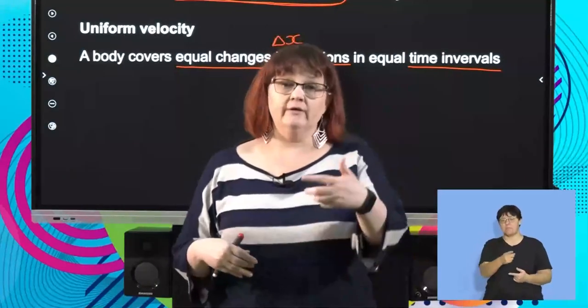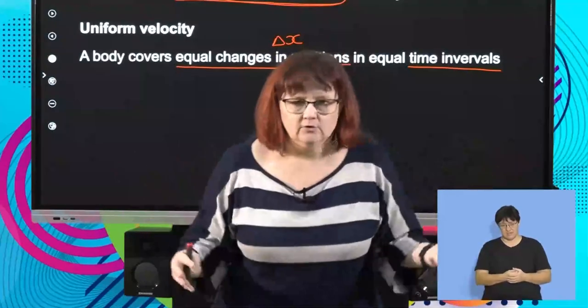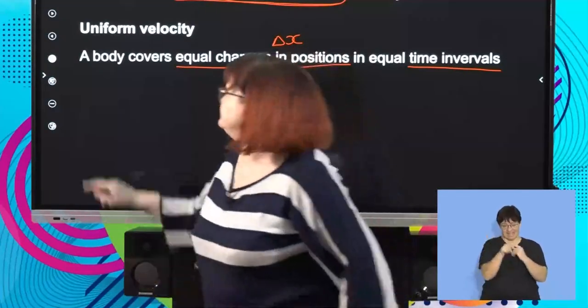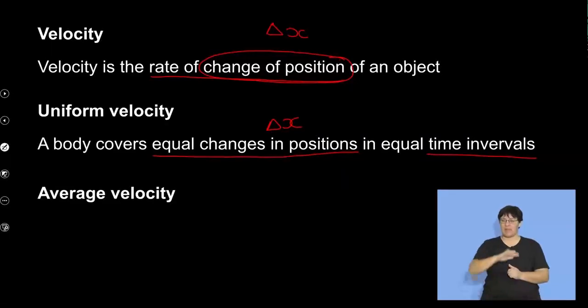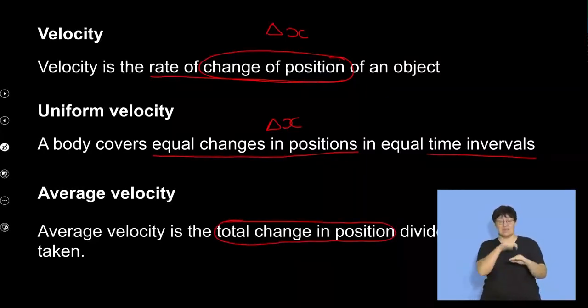So I have to say I'm going north, or left, or right, okay? But I have to put a direction in it. Then we get average velocity, which means now we take total change in position divided by total time.